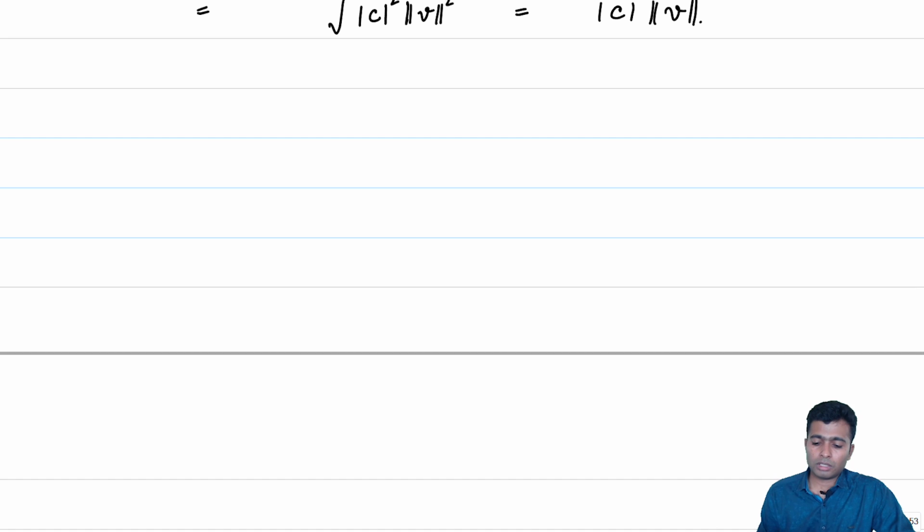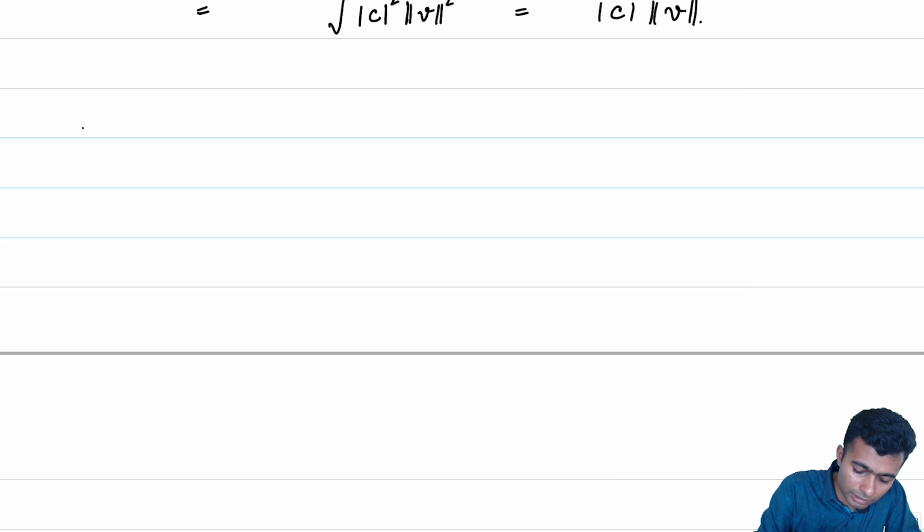Alright, so we have now discussed how we can obtain the length of a vector from an inner product. In some cases, we could get hold of the inner product from the length of the vector. So let's see when that can be done. So consider the case.